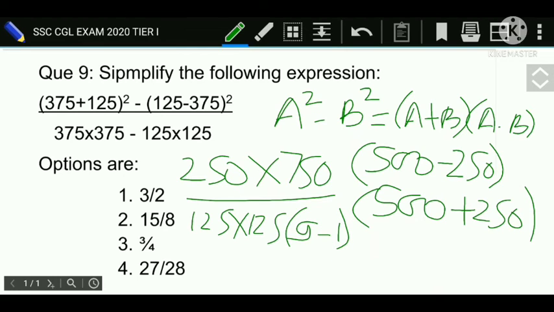So clearly 125 will cut 250 2 times, 125 will cut 750 6 times.